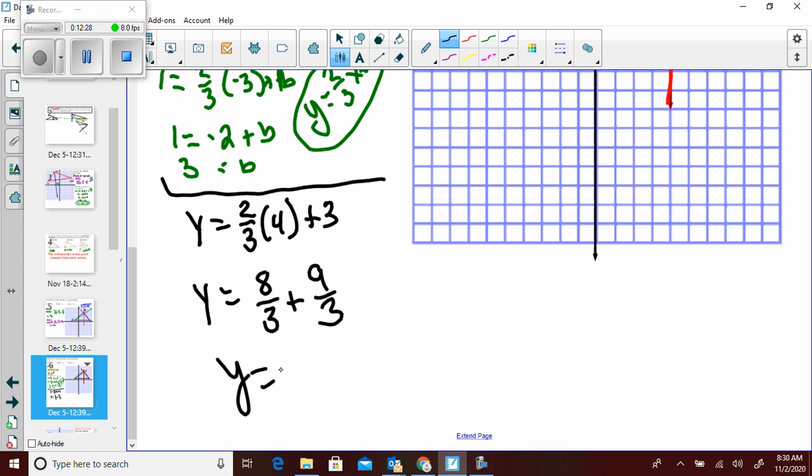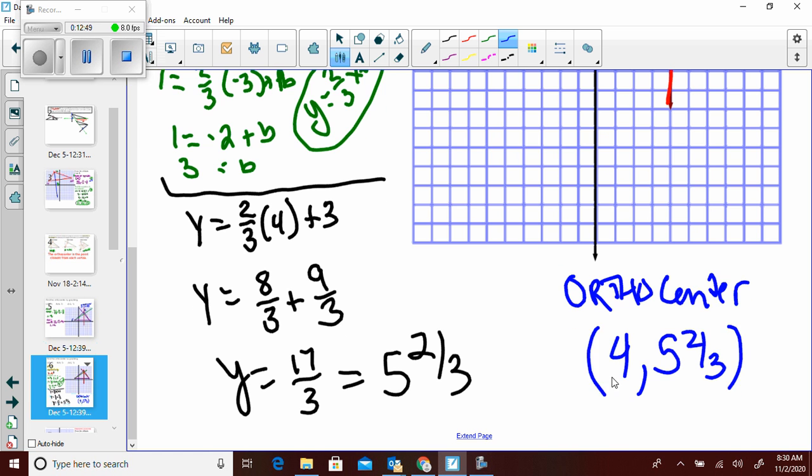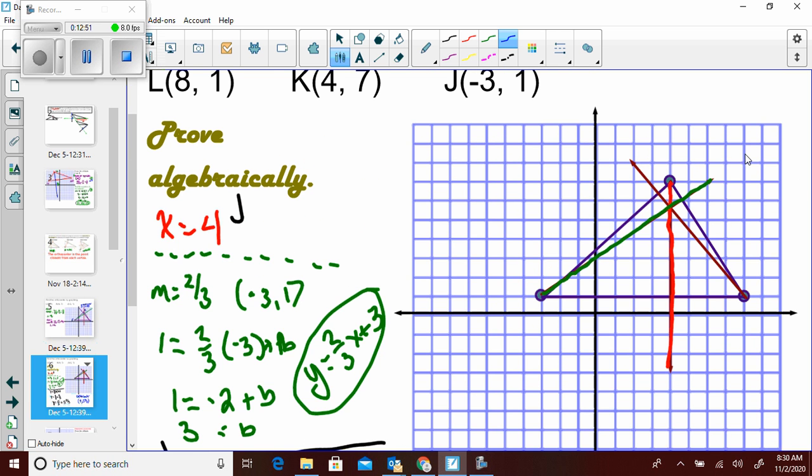So y is 17/3, which is 5 2/3. We estimated 5.5. We said it's a little bit more than 5.5. That is a little bit more than 5.5. So it's perfect. So the orthocenter is 4, 5 2/3. You only need 2 equations because you only need 2 equations to find a point of intersection. If this other one was all the way out here, you'd have to check your graphs, right? But they all intersect at the same spot.